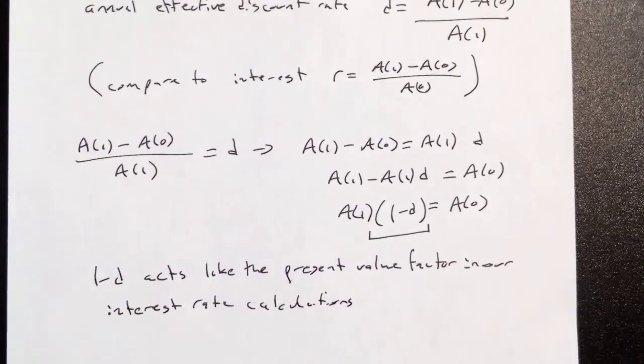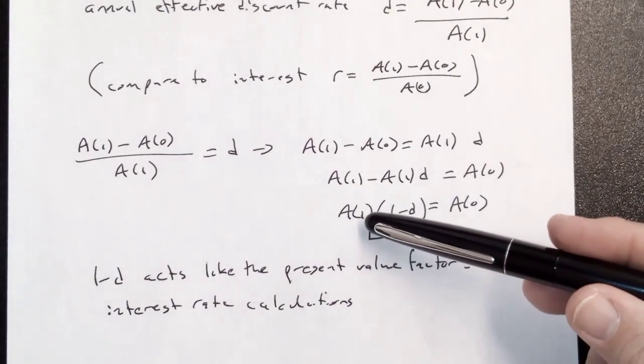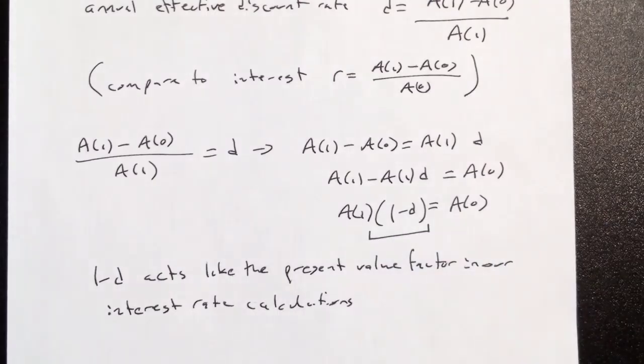So you'll notice with this formula right here, I give you the future value A of 1. You tell me the present value A of 0. My future value is $1,000. My discount rate was 10%. That makes this thing inside parentheses 0.9. My present value is $900.